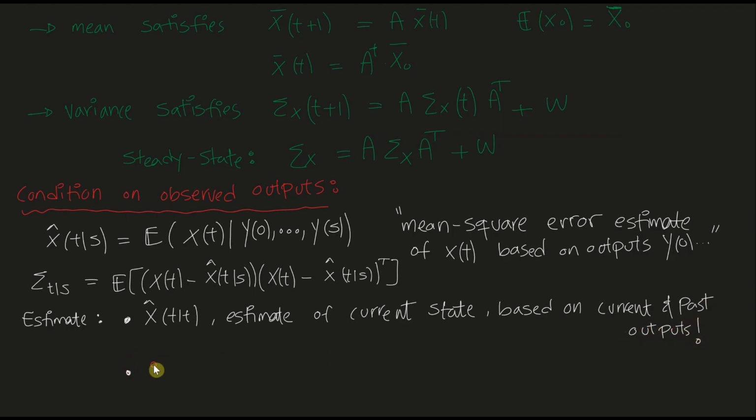And I can write this differently as well. I can say x hat t plus 1 given t, and this is a prediction of the next state based on the current and past observed outputs as well.